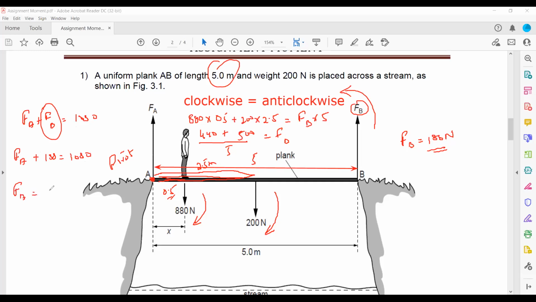So FA is equal to 1080 minus 188, that is equal to 892 newtons. That will be FA. But why did we not include it in the moment? Because it was acting on the pivot, so its force is there, but it does not contribute to a turning effect.